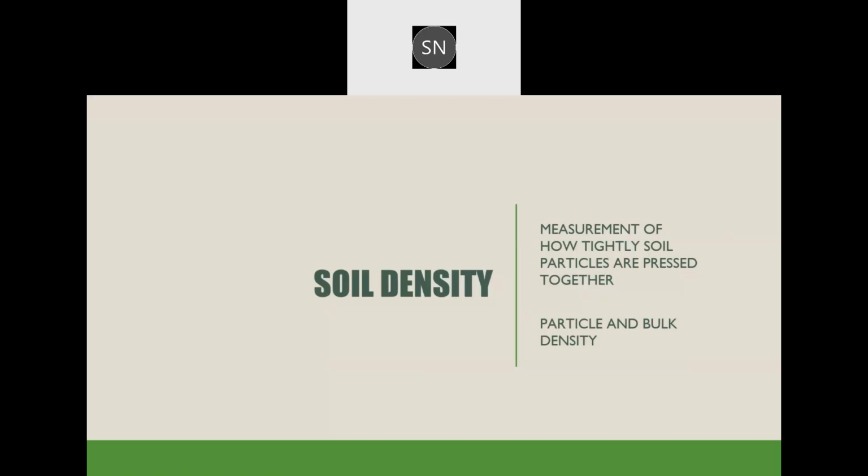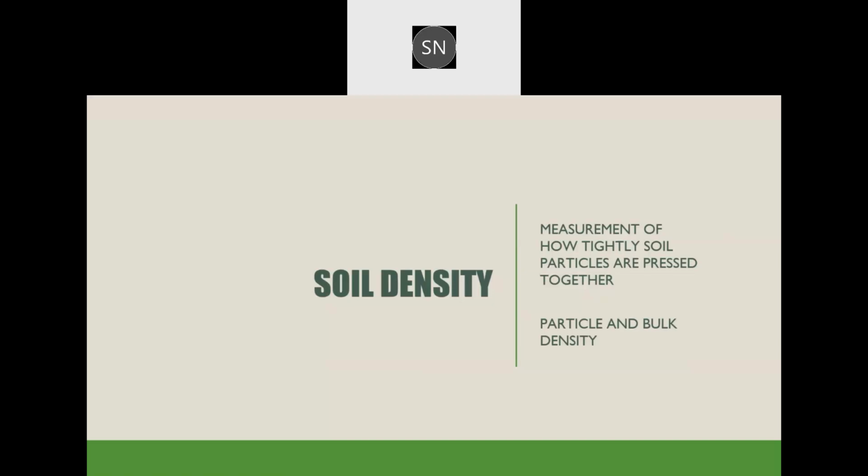We have to compact the soil. If you still remember the first slide, what is soil? What is the perfect soil composition? We talked about organic matter, mineral matter, air and water. 50% will be air and water, right? So same here, when we compact the soil, the pore spaces, the micropores and also macropores in the soil will be compacted.